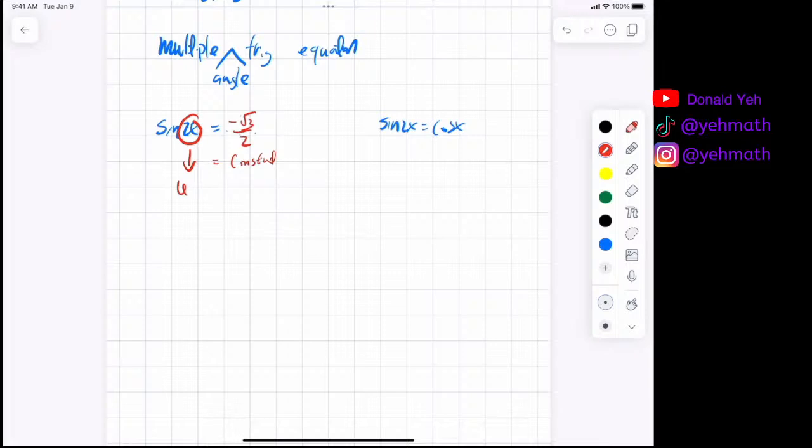There is no way for you to solve this problem. Don't believe me? I'll show you. 2 sine of x cosine of x equals negative square root 3 over 2, so sine of x cosine of x is equal to negative square root 3 over 4. Since it's not equal to 0, there's not much you can do here. Then you say this is the wrong approach.